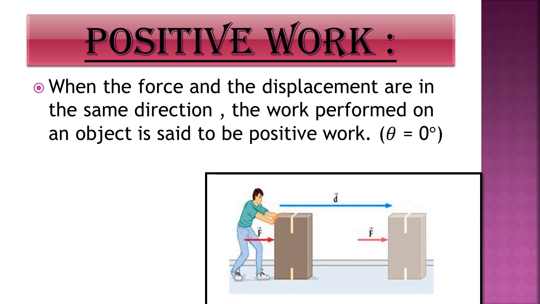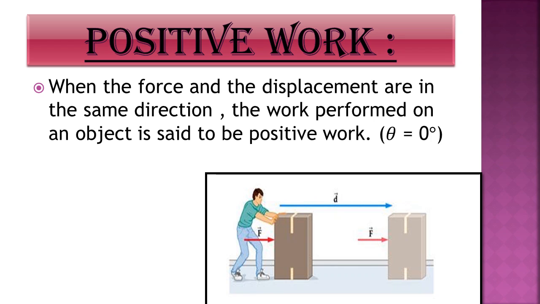Students, when the force and the displacement are in the same direction, the work performed on an object is said to be positive work. On the screen you can observe one picture in which a man is pushing something like a carton or a box.